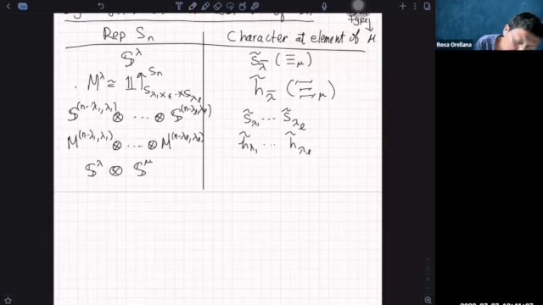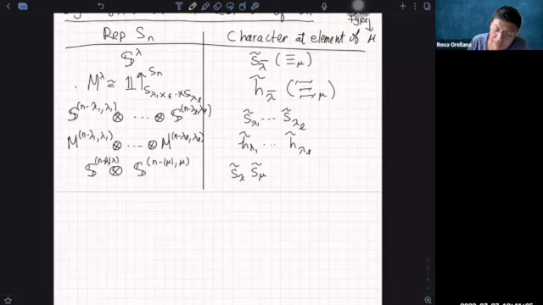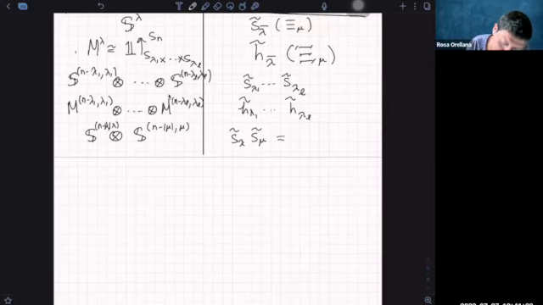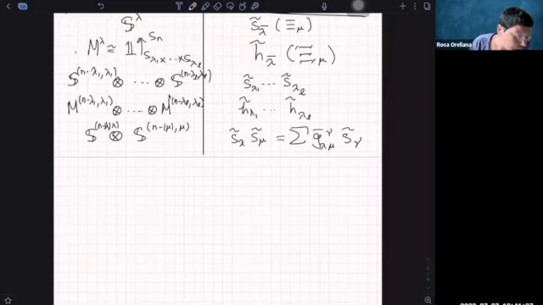Oh, sorry, I forgot the big row. I'm going to write it n minus size of lambda, n minus size of mu, and then this is S lambda tilde, S mu tilde. I'm not putting the evaluations, but they are all evaluated. This is the sum of G bar, lambda mu nu, S tilde nu, which are the reduced Kronecker coefficients.